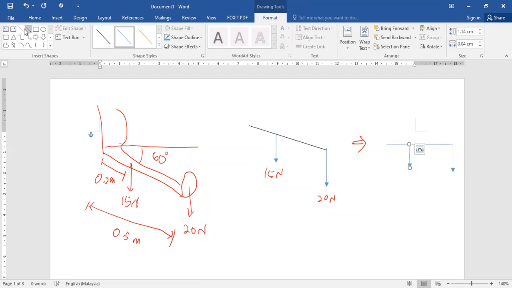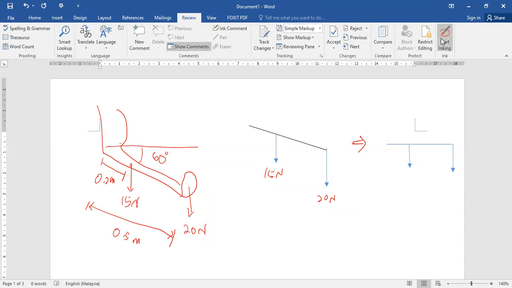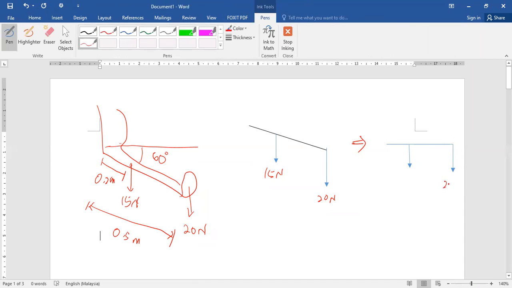The 20 Newton, and also that means that we want the 20 Newton and 15 Newton at the end at right angle. So what will be the angle here?